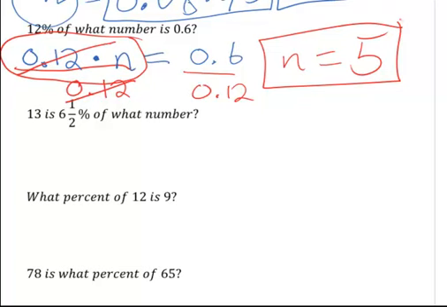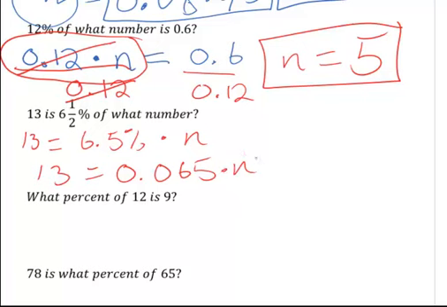All right, let's try the next problem. It says 13 is 6.5% of what number? The first thing I want to do is think of that number 6.5. Of means to multiply, what number? Now, I still haven't changed it to a decimal. I changed the fraction part to a decimal, but I still have a percent here. So I'm going to do the same thing I did before. I'm going to write 13 equals 0.065 times n.